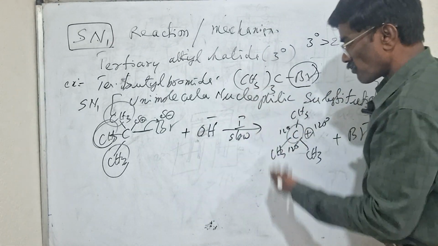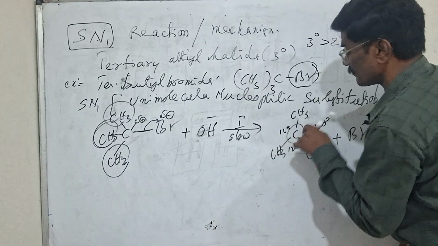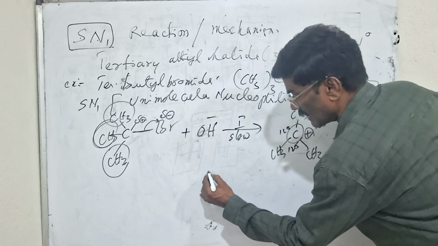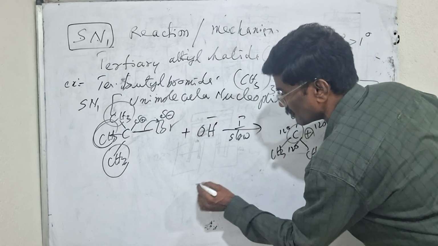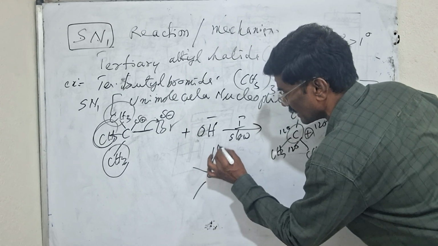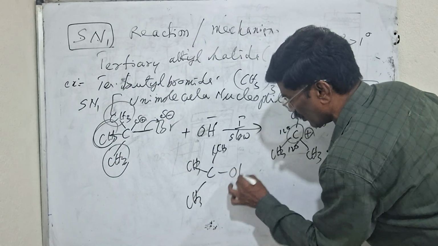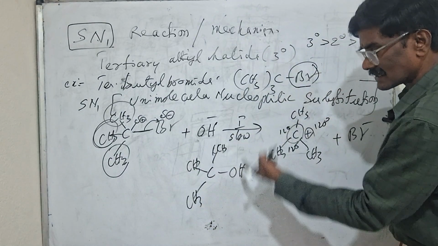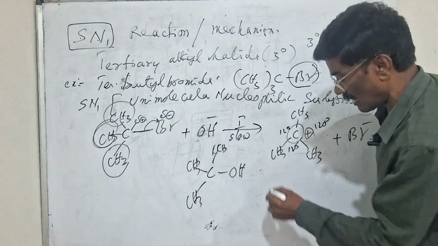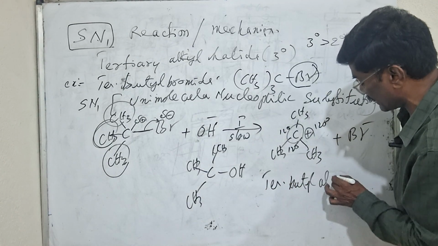The hydroxyl group substitutes Br minus, and the product is (CH3)3COH, tertiary butyl alcohol.